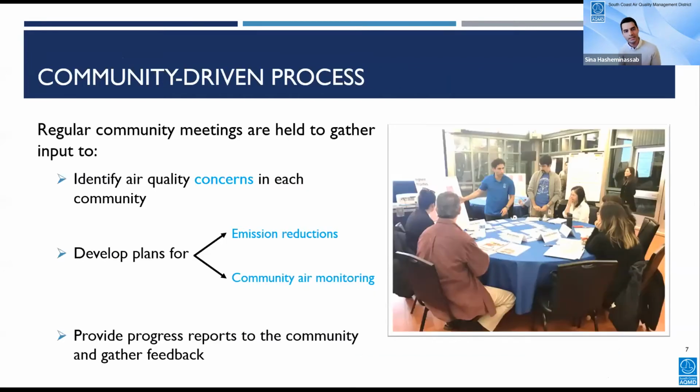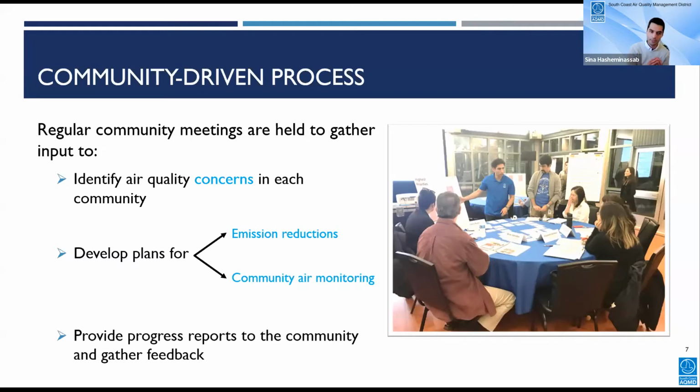Once a community is selected for this program, local air districts start meeting regularly with the community members. First, to identify air quality concerns and the associated air pollution sources that exist in their communities. Once those concerns have been identified, staff work closely with the community members to define and develop two important plans.